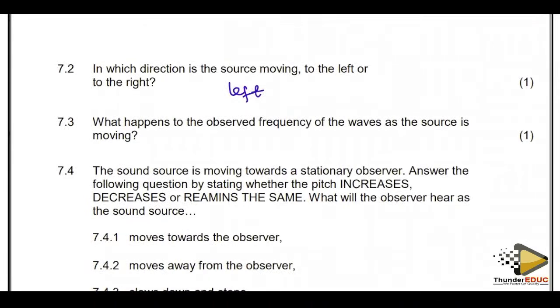So what happens to the observed frequency of the waves as the source is moving? Since it's moving to the left, the wavelength is going to decrease.